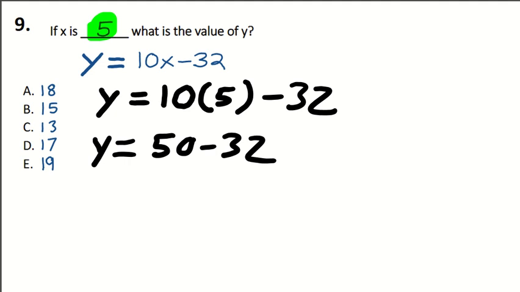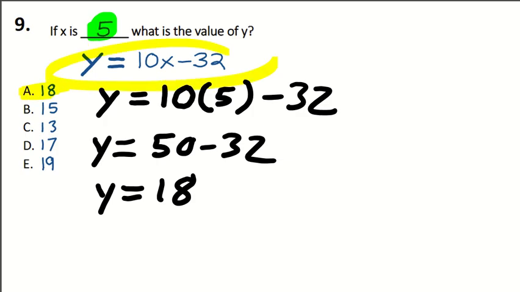And I know that 50 decreased by 32 is going to be 18. So y equals 18. Thus, I can accurately say that when the value of x is 5, the value of y, with this particular equation, will be 18.